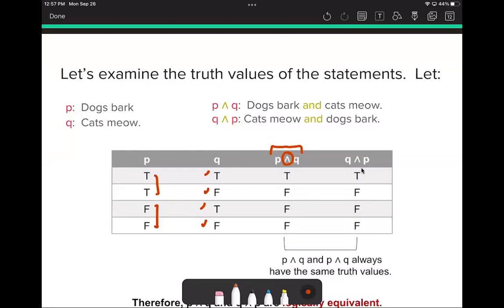Okay, now let's try to examine the truth values for Q and P. Okay, so now let's look at the values of Q and P. So similarly, since this is using a conjunction operator, this will only be true if both Q and P are true.